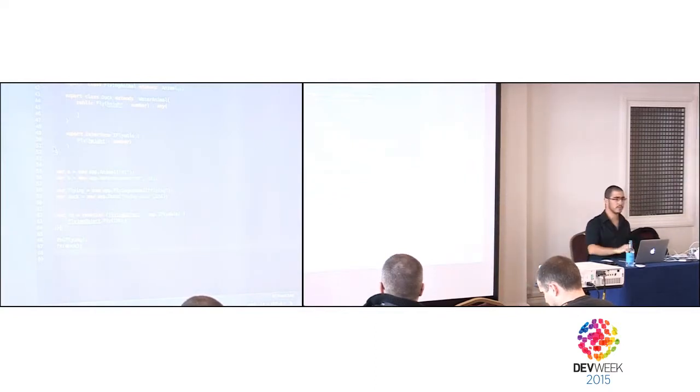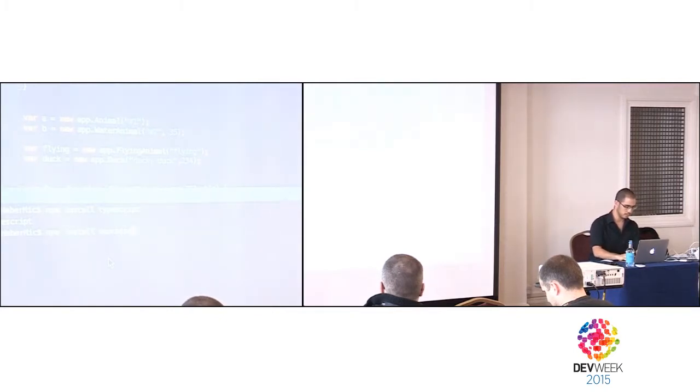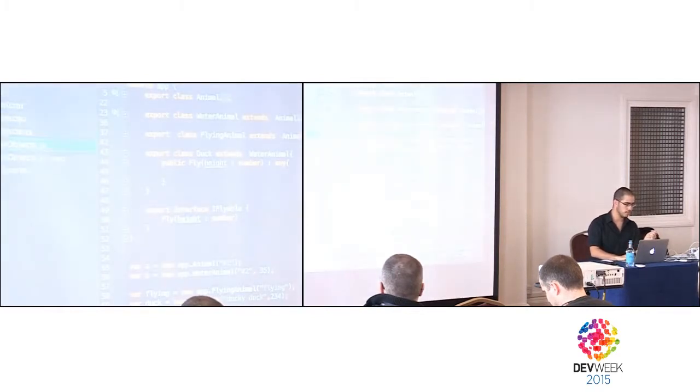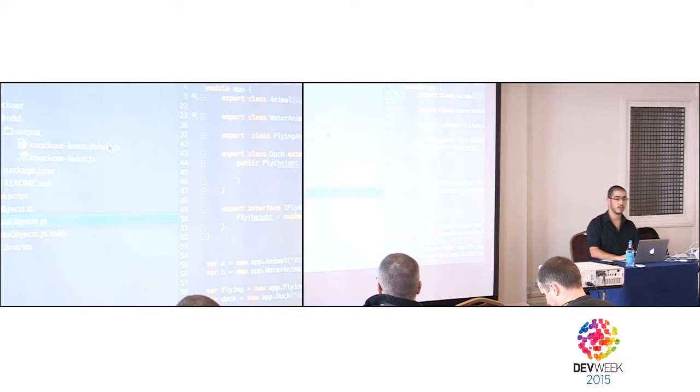So the first thing we're going to do is download Knockout. Again, npm is your new friend, and you say that you want Knockout. That gets us Knockout. You can see Knockout has two files: a debug file and a JavaScript file for production.